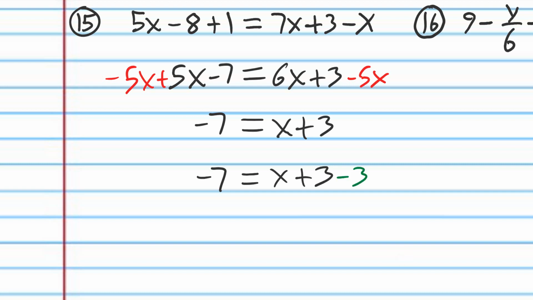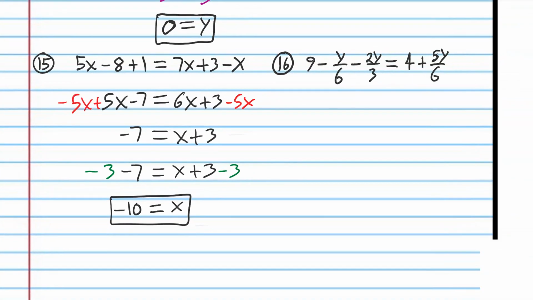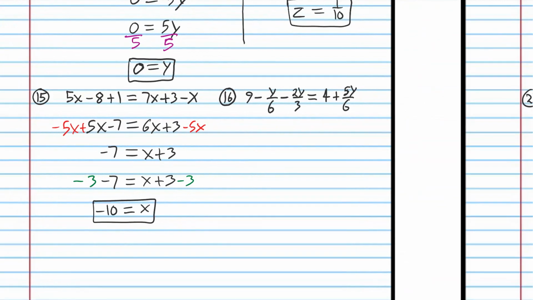I'm going to subtract 3. And negative 3 minus 7 is negative 10. So if you got negative 10, that's very good. You're starting to become an algebraic master.